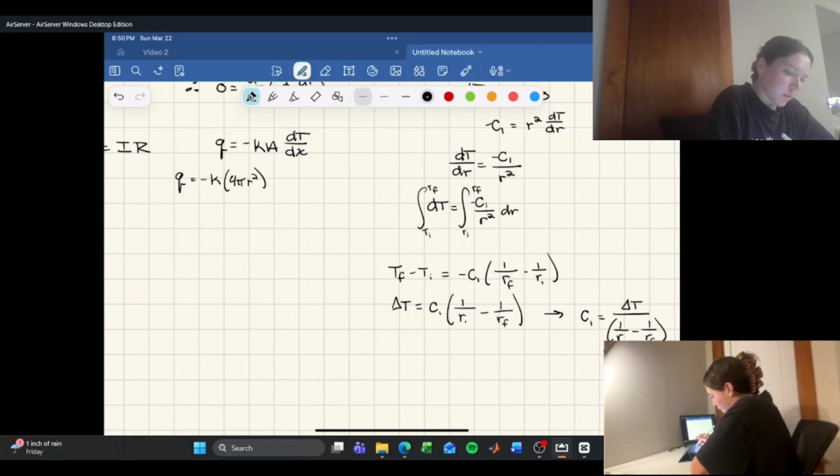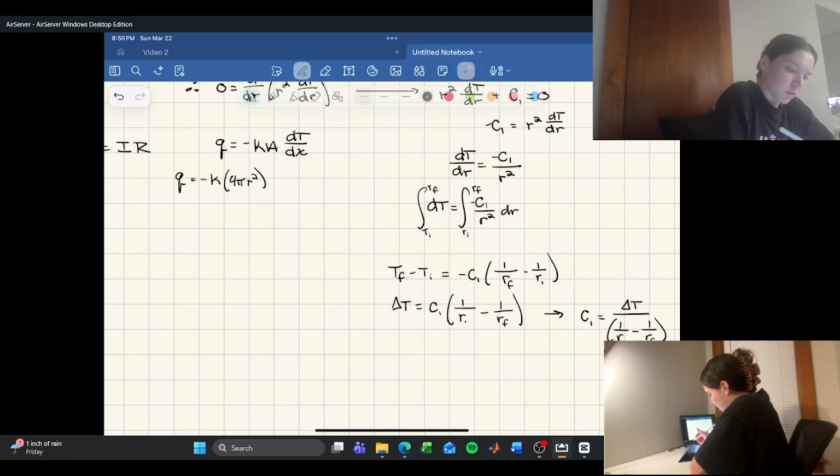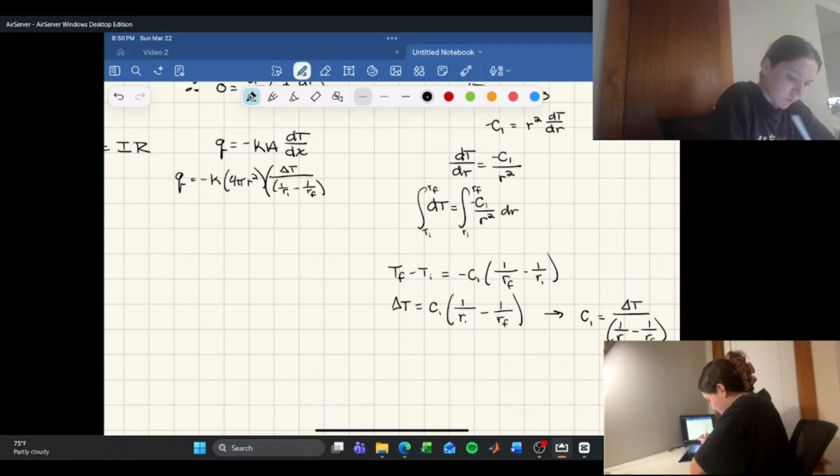And then this change in temperature over change in position, we have that here, and we just solved for C1 down here, so we can plug this in as well. It's going to be times change in temperature over 1 over the initial radius minus 1 over the final radius. And this is all divided by r squared.